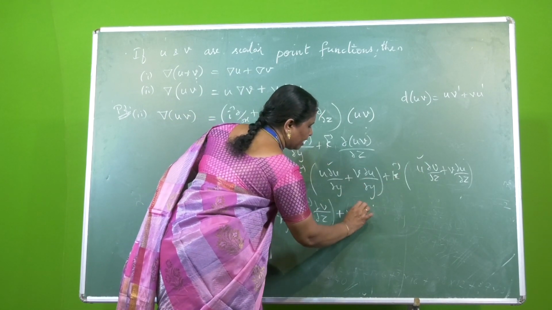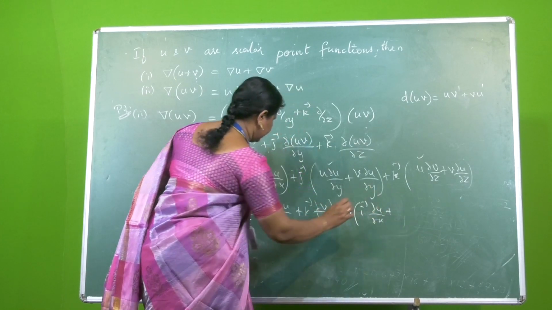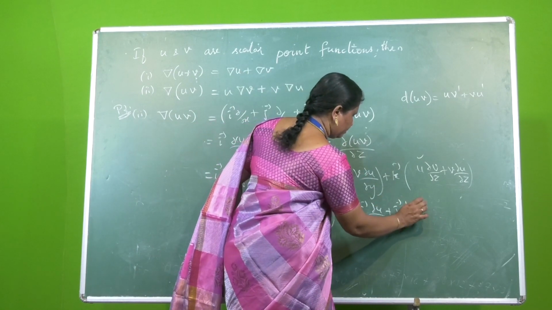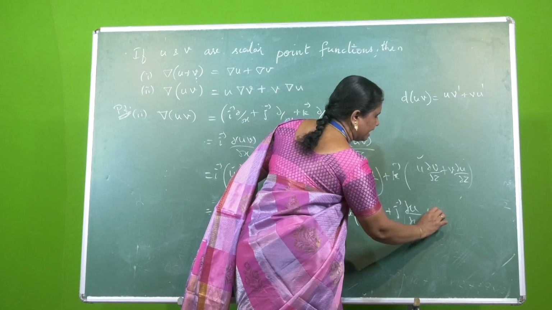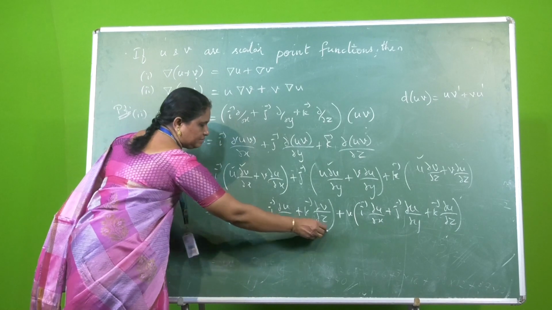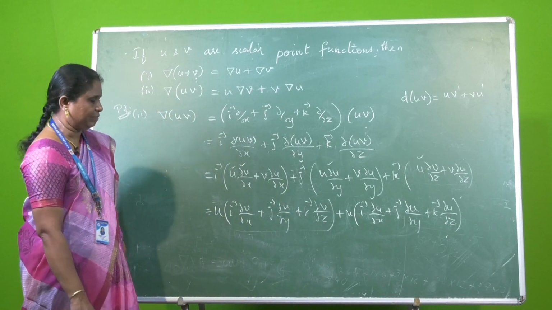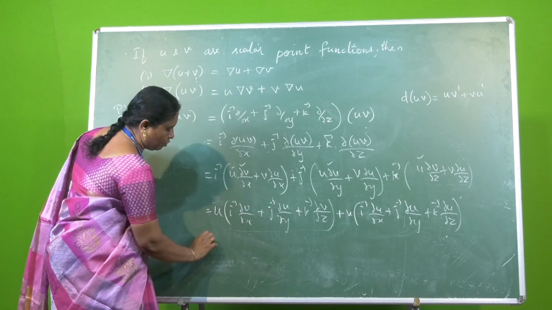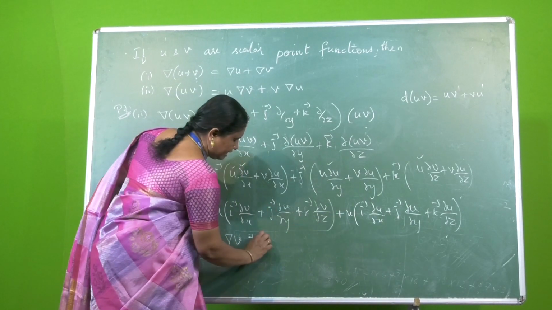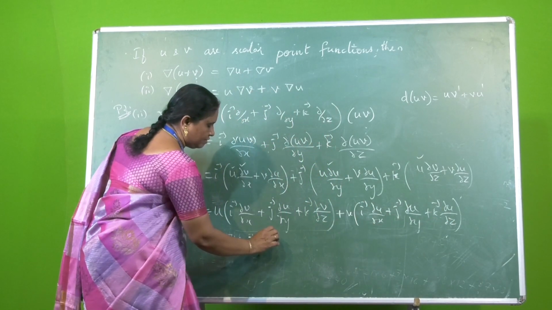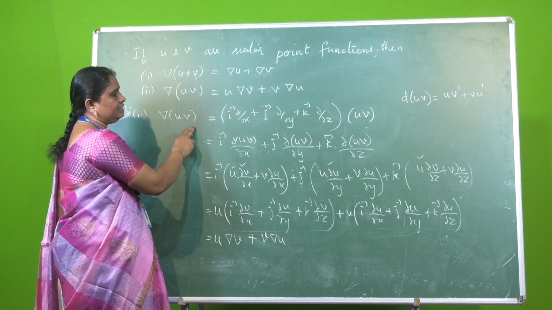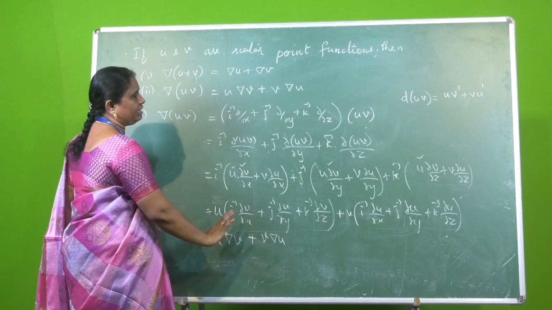So v into i vector dou u by dou x plus j vector dou u by dou y and k vector dou u by dou z. This summation of terms represents del v. So we can write in the next step u into del v plus v into, this term represents del u. So we get the right hand side of the second proof, del of uv is equal to u del v plus v del u.